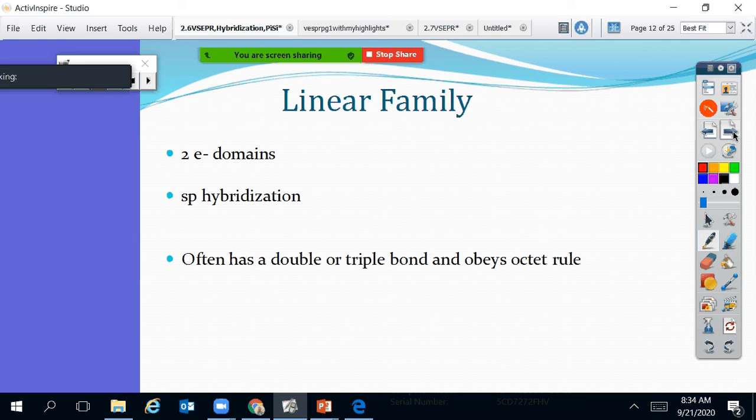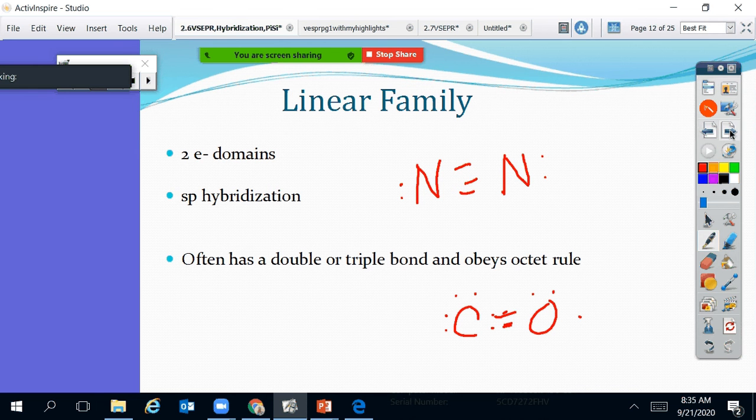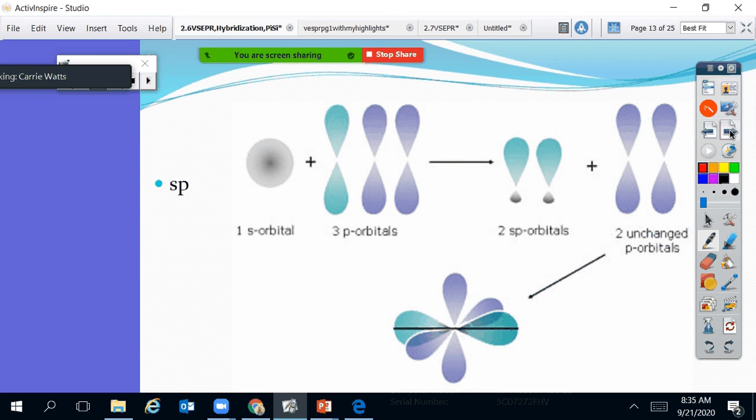You know, nitrogen has the triple bond. Carbon monoxide, I believe, has the double bond. And there's sp orbitals, 1s, 3p, 2 sp orbitals, and that's where the bonding is going to go on.